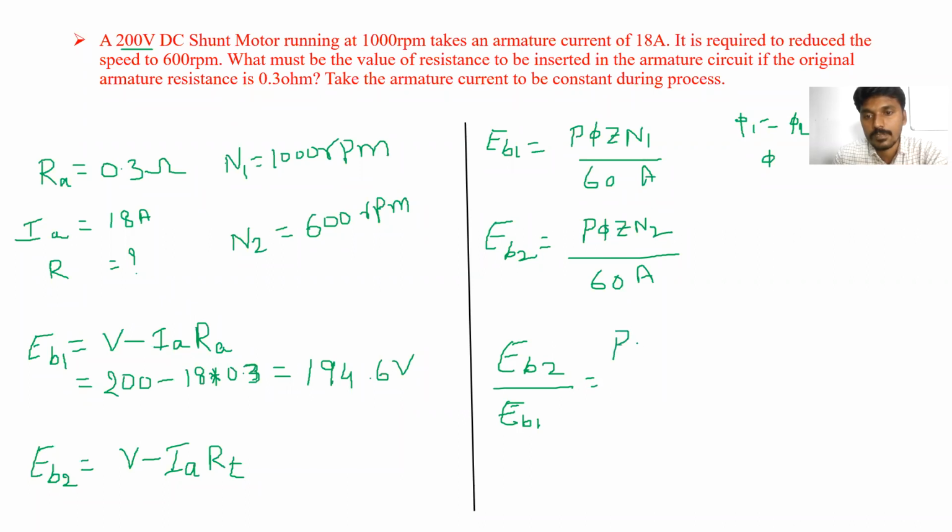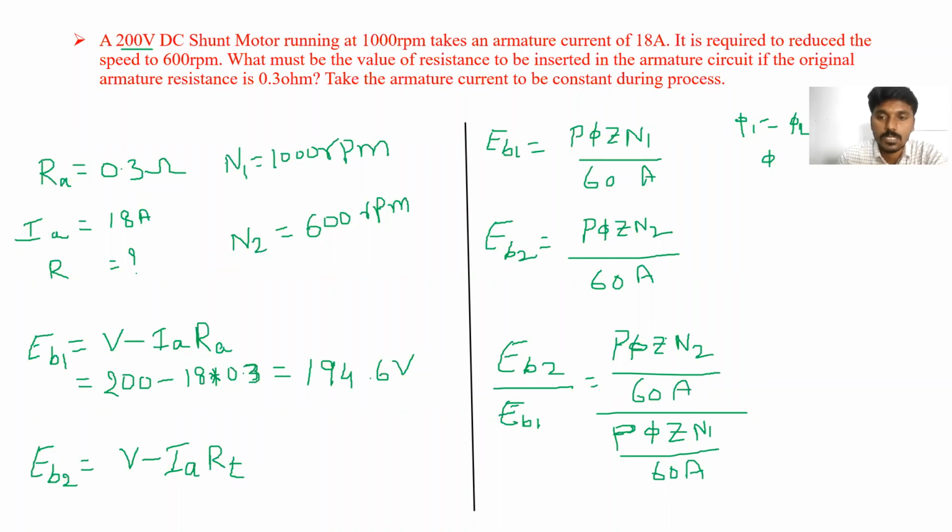PhiZN2 upon 60 into A, divided by, this is EB2, and EB1 क्या है? What is EB1? PhiZN1 upon 60 into A. Can we write like this?